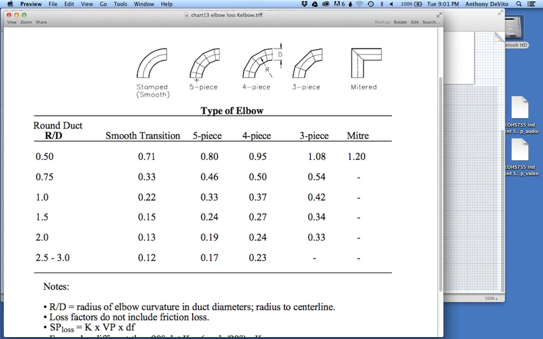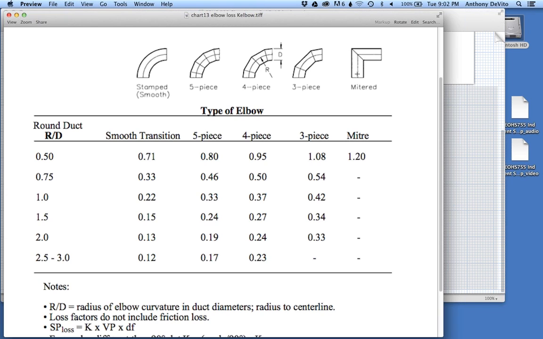Now, you've gone to the hardware store, Home Depot, and so on and so forth, and you've seen these pieces of ductwork where the turns or the changes in direction are built up from several pieces of ductwork that are welded or crimped together. For instance, you might have a three-piece duct that makes a 90-degree turn.